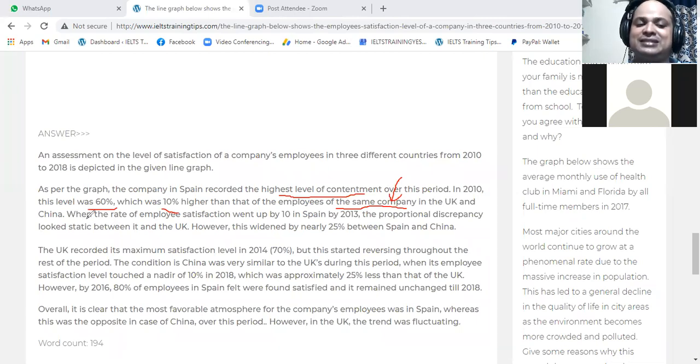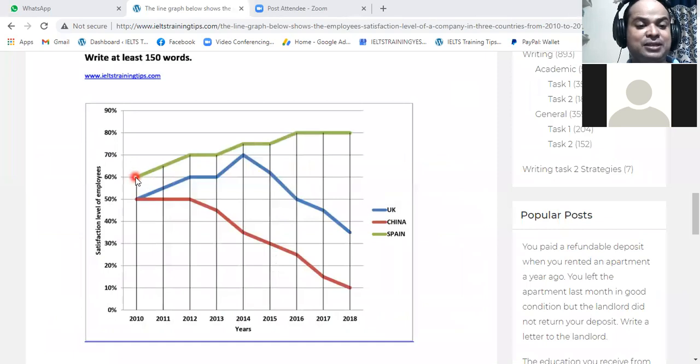This is what we can see there. Okay, now let's see the data, whether it's correct or not. Let's see here. It was 60 percentage, 10 more than China and UK. So it's 50 here. So the difference is, just a minute. Please, excuse me.